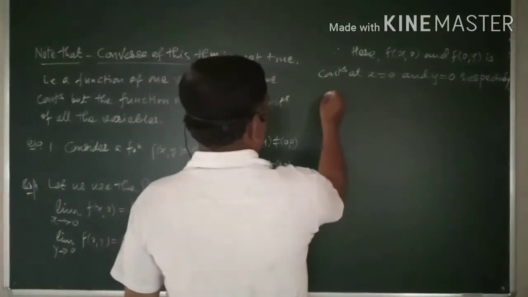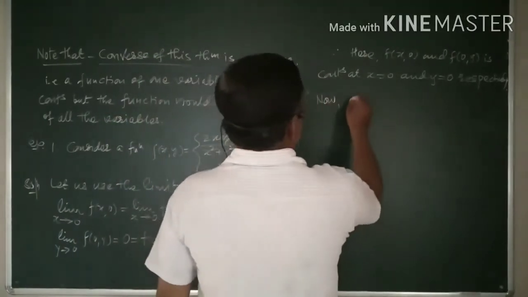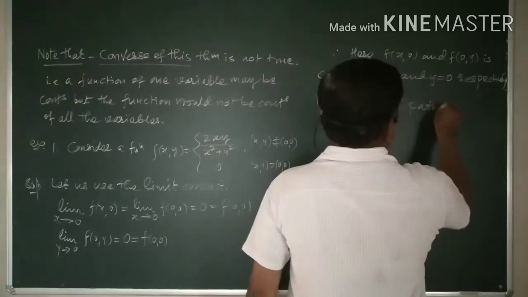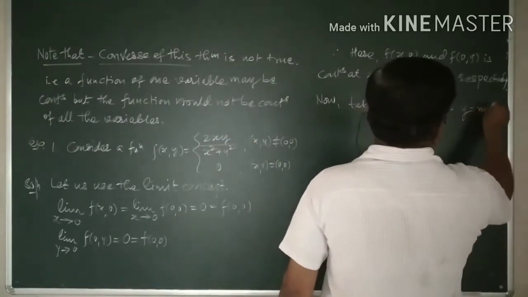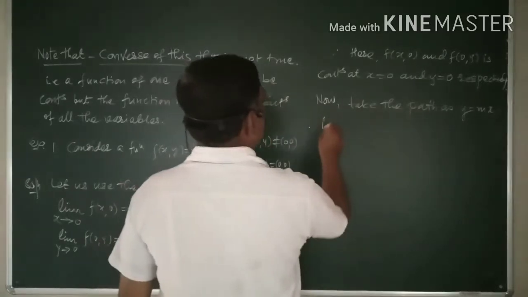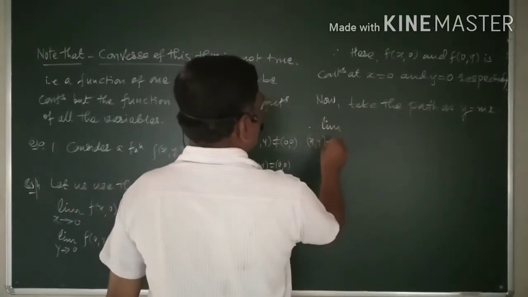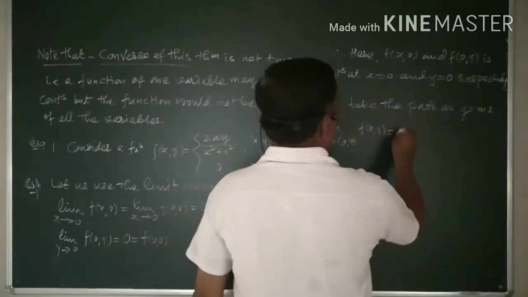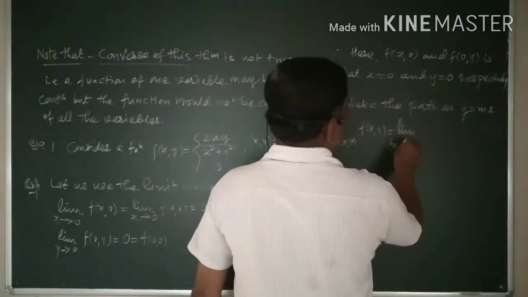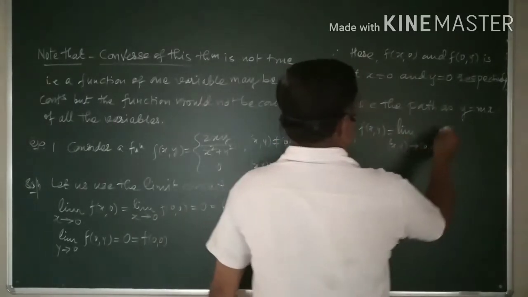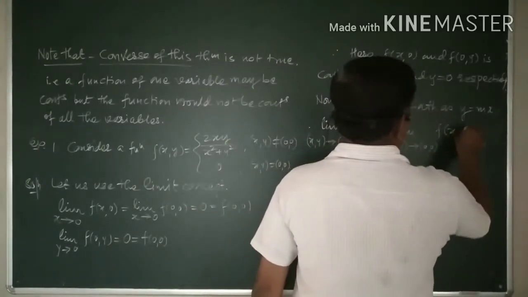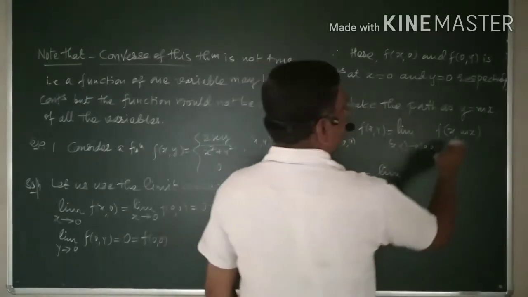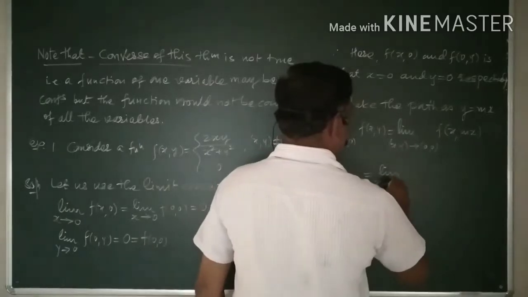Now, take the path y is equal to mx. Therefore, the limit as (x, y) tends to (0, 0) of f of (x, y) is equal to the limit as (x, y) tends to (0, 0) of f of (x, mx), which, as we are considering x here, x tends to 0.